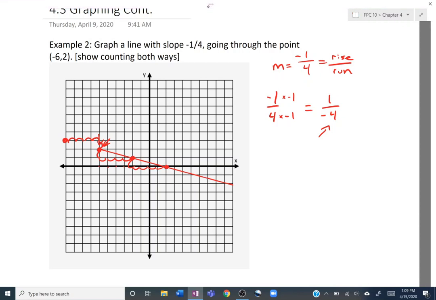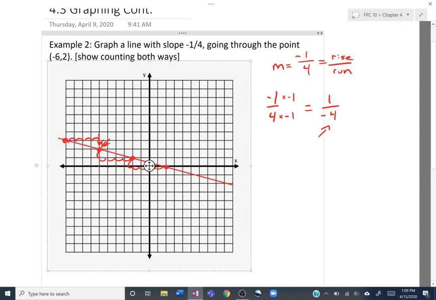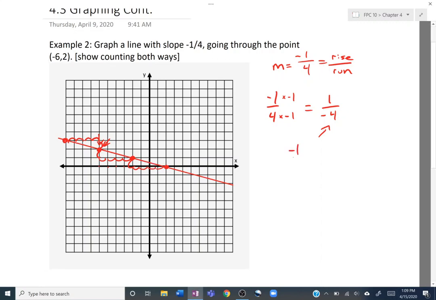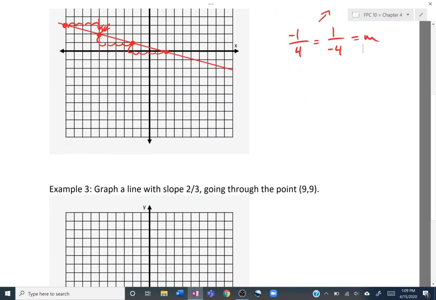And we'll see that if I get my ruler tool back out, and I draw my line through those 3 points again, this fourth point is still on that exact same line. So both of these, -1/4 and 1/-4, are the exact same slope. And that might come in handy for our next example.